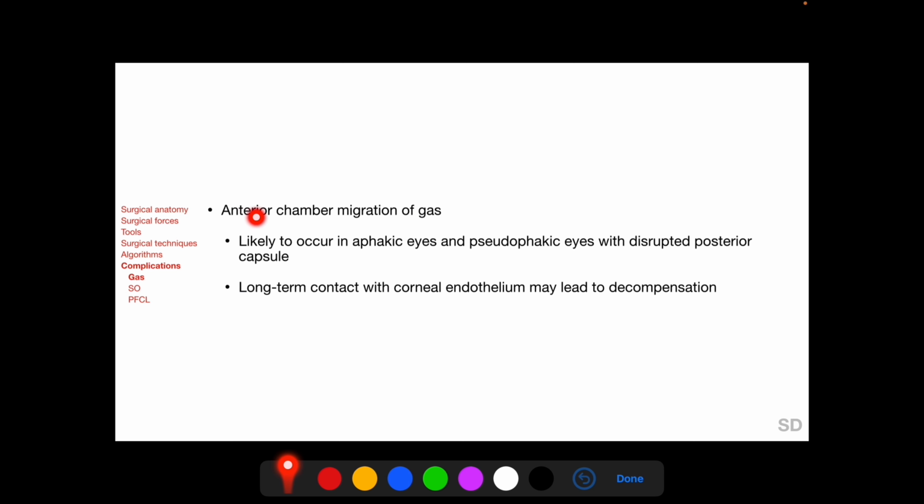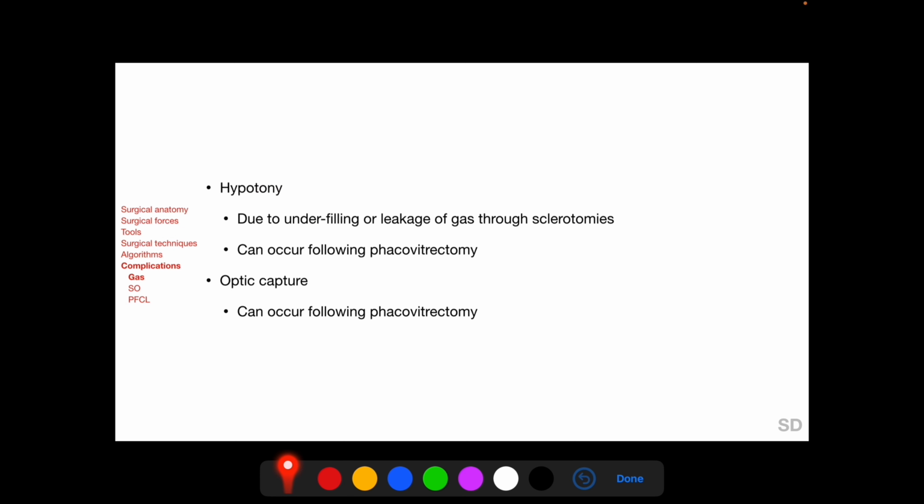Migration of gas into the anterior chamber is likely to occur in aphakic eyes and pseudophakic eyes with disrupted posterior capsule, and long-term contact of gas with corneal endothelium may lead to corneal decompensation. Other complications are hypotony due to underfilling of the eye with gas or leakage of gas through sclerotomies, and optic capture, which can occur following phaco-vitrectomy.